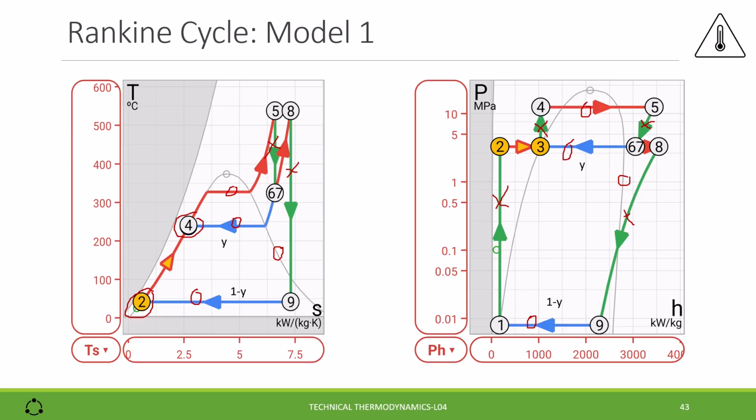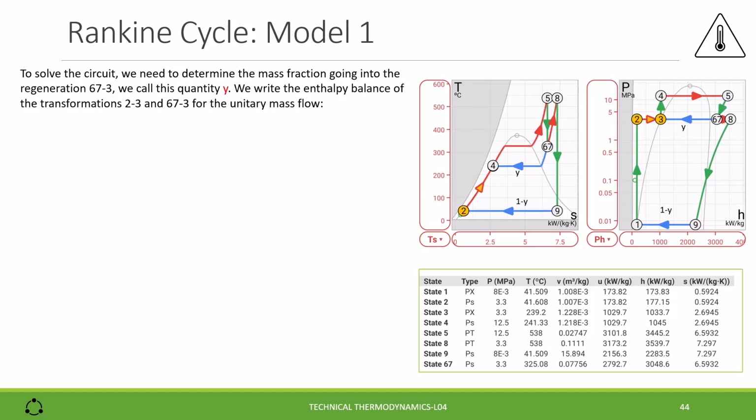The bled steam taken after the high-pressure turbine is the unknown Y. We will determine it using the energy conservation in the next slide. To solve the circuit, as we have said in the previous slide, we need to determine the mass fraction going into the regeneration 6-7,3, and we call this quantity Y. We write the enthalpy balance of the transformations 2, 3 and 6-7, 3 for the unitary mass flow.